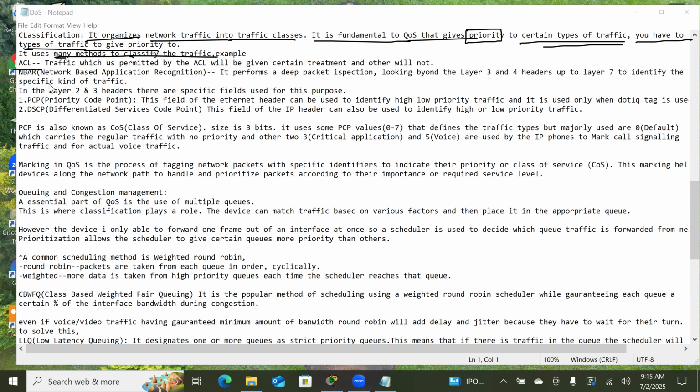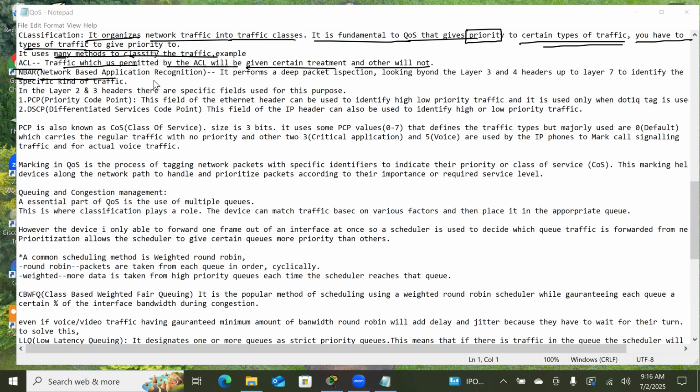One is the ACL. ACL means access control list. Based on that, it's going to either permit the data or deny the data. Traffic which is permitted by the ACL will be given a certain treatment and other traffic will not be given it.